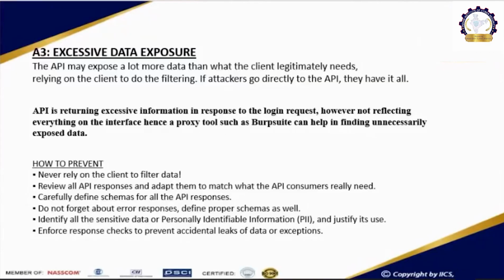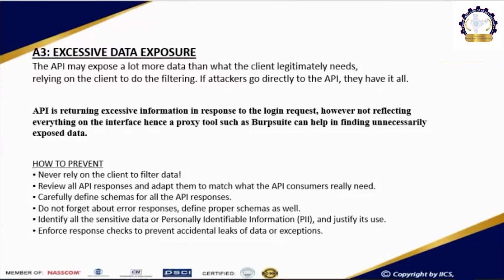We have to review all API responses, not only that request, but all responses also. That means what the API is responding with, what type of data and all that, and adapt them to match what API consumers really need. If an API consumer needs only specific content of some resources, he should only get that, not more than that.